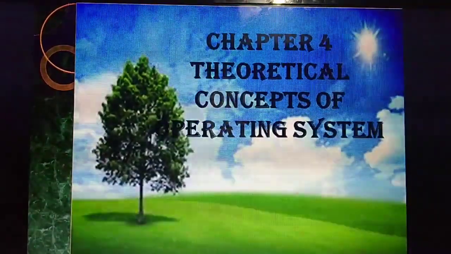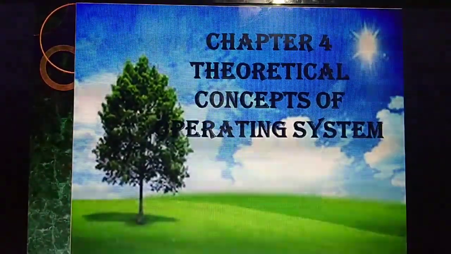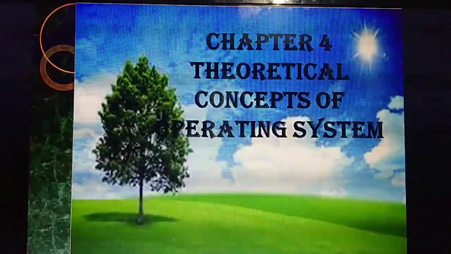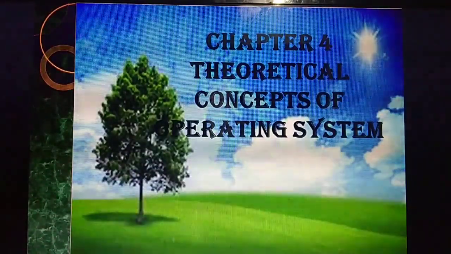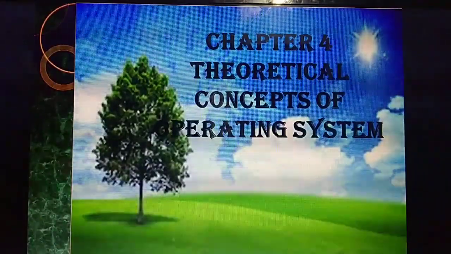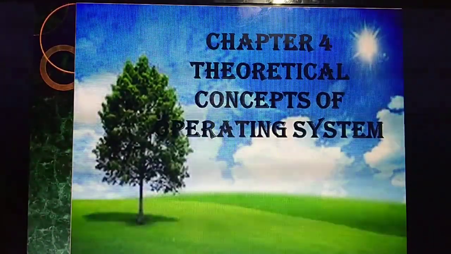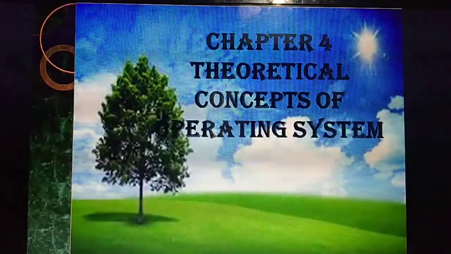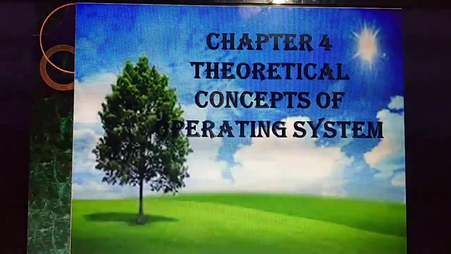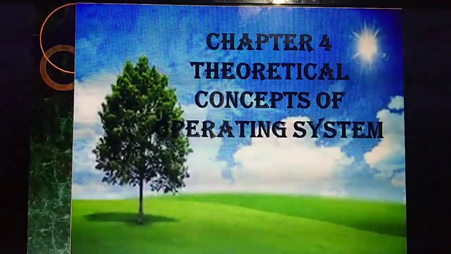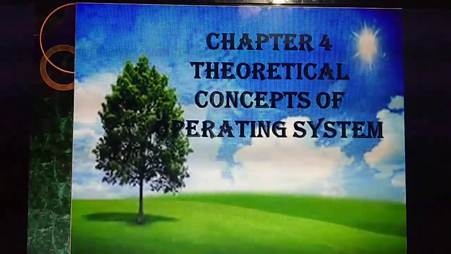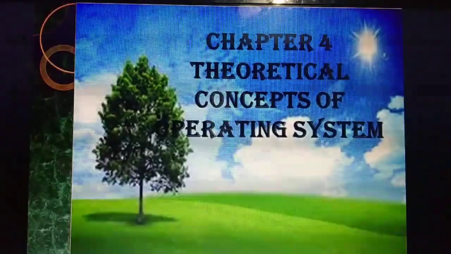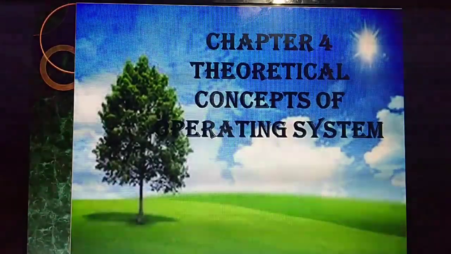What's the 4th chapter heading? Theoretical concepts of operating system. In the first chapter you studied the introduction about computer, and the hardware components present inside the CPU and outside.